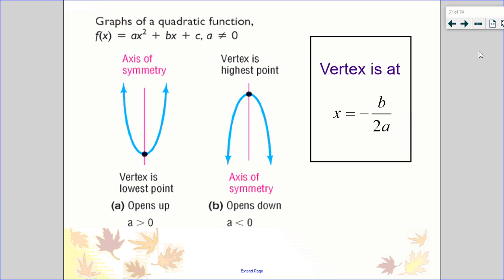So the way you find the vertex, and this is going to be a very important equation here, is that the vertex is going to be at x equals -b over 2a.